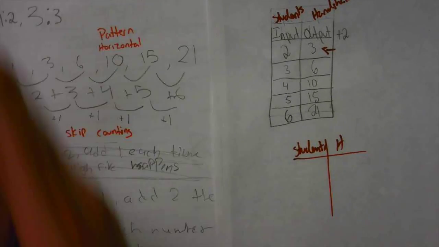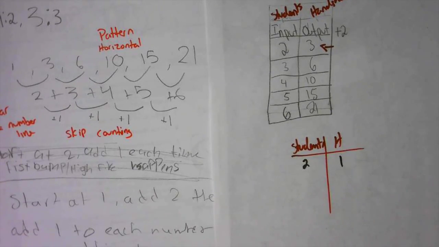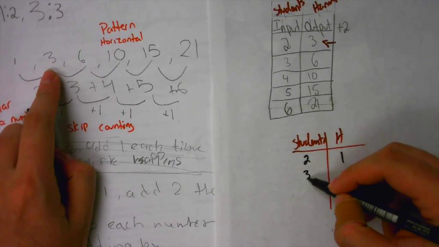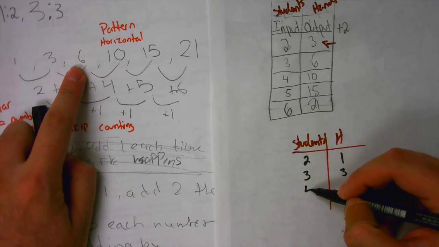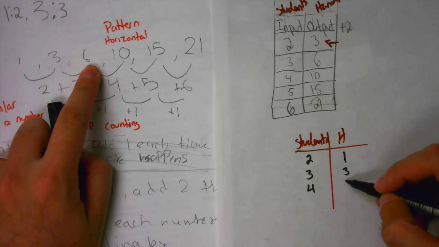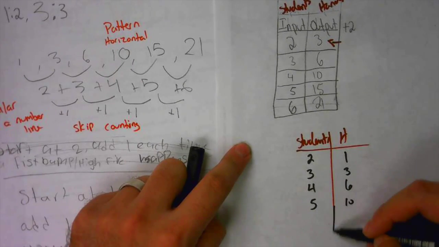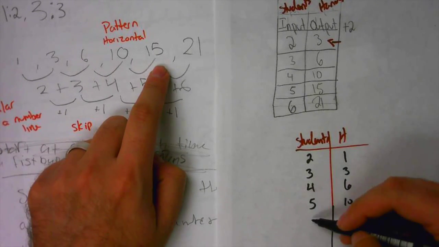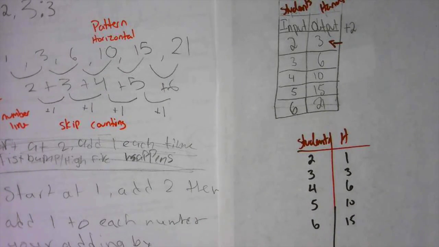Close. 2 students, 1 handshake, and then 3 students, according to this data, is 3. 4 students, 6. 5 students, 10. 6 students, 15.